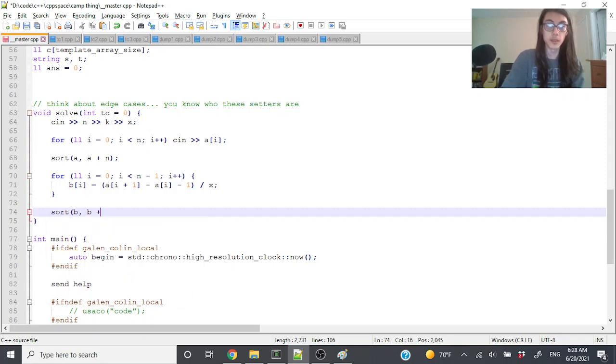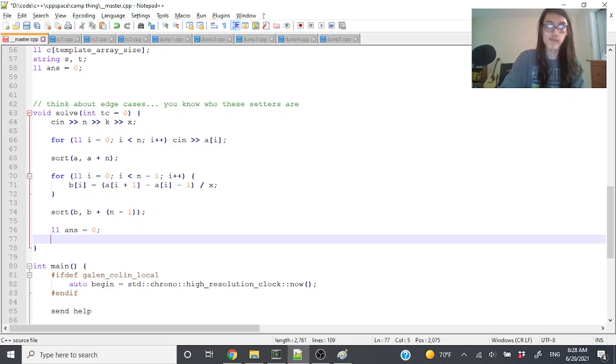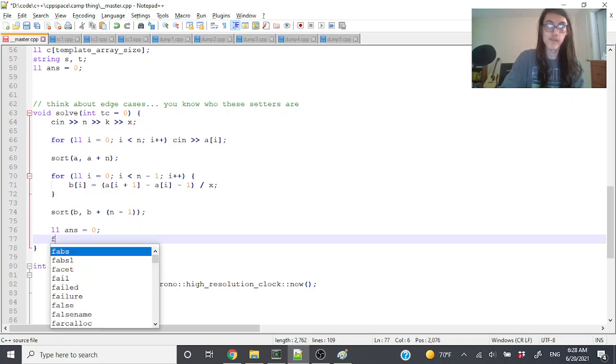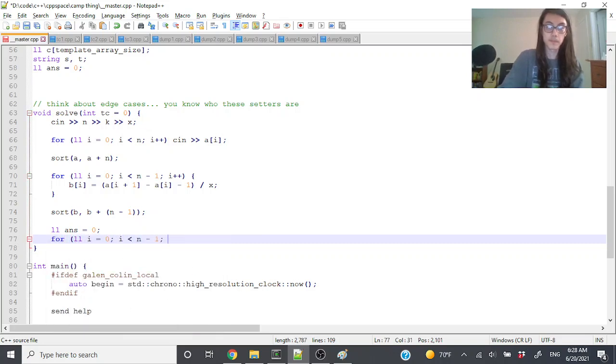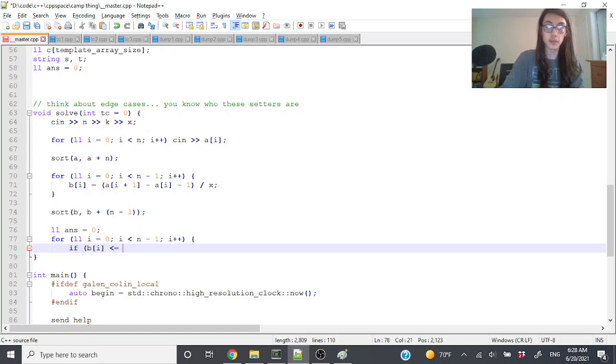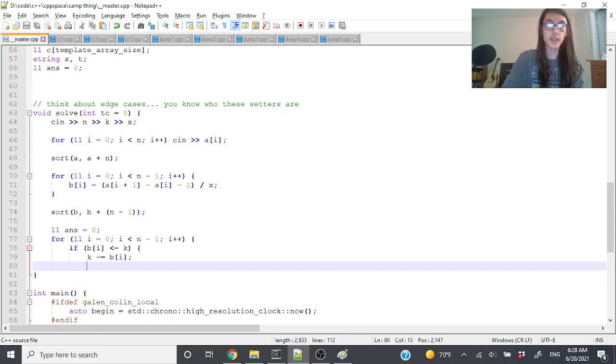Sort b plus n minus 1. If bi is less than or equal to k, then we take this many elements, we do that.